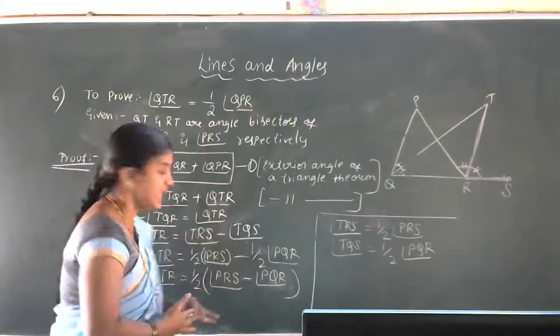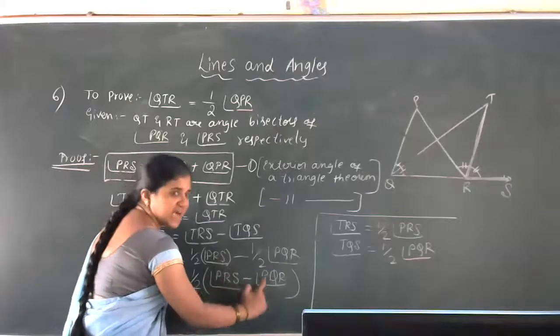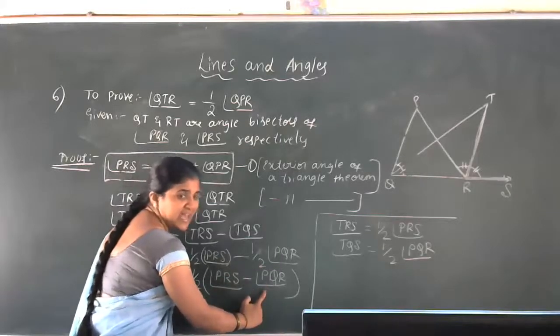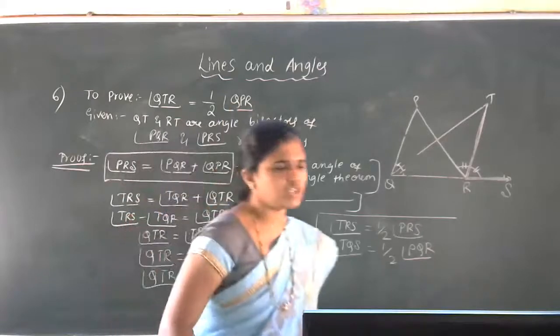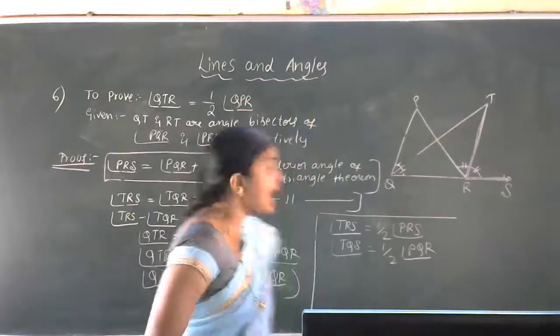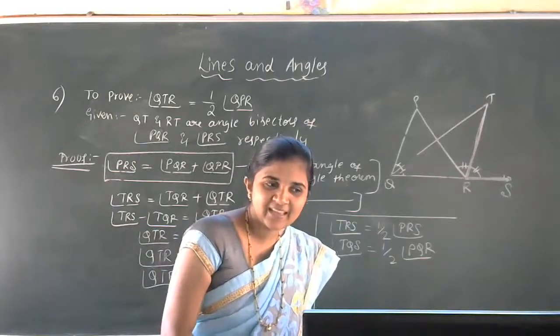See, the answer is in front of you only. So what do we have to do with this PRS minus PQR? In place of PRS minus PQR, I need this QPR. No Aryan, exterior angle concept. Exterior angles in the sense.